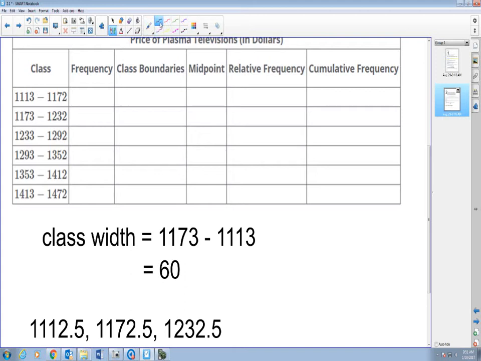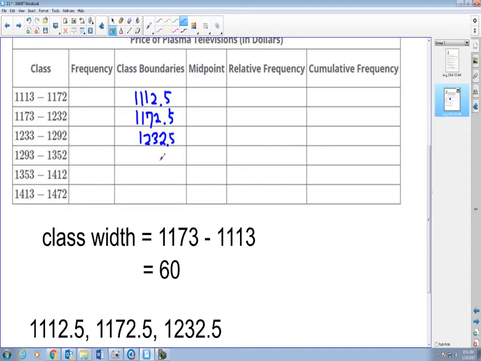Alright, so that means from one boundary to the next boundary is the same width as the class width. So if you know that, what you can do here is your first boundary got to be 1112.5. The next one, you just add 60 to it. 1232.5.